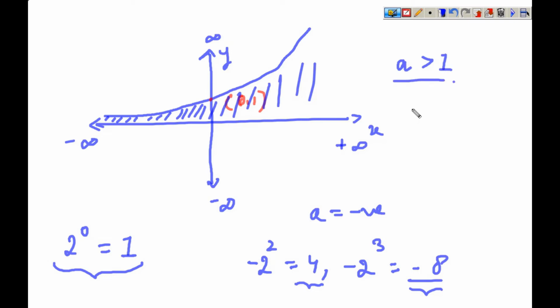Now as I said before, a can be only a positive number, it cannot be 0, sorry, it cannot be 1. What about when a is in between 0 and 1?